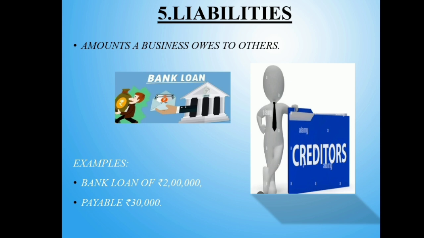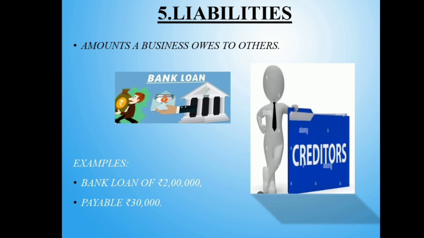This is a long term liability because it is a debt that needs to be repaid over time. And next, payables of 30,000 rupees. This could be outstanding bills or payments due to suppliers, making it a short term liability. These are called liabilities.